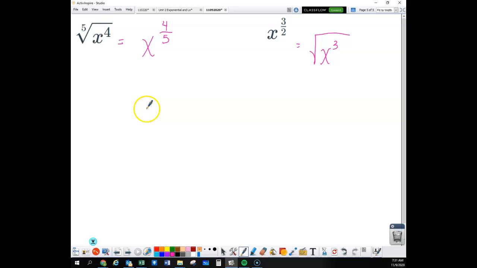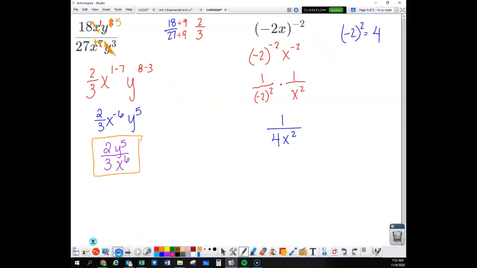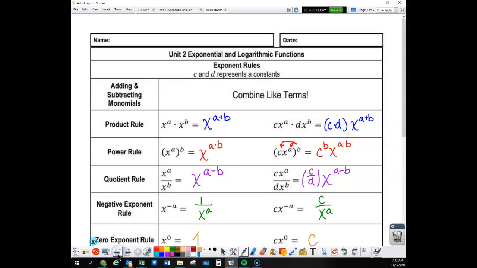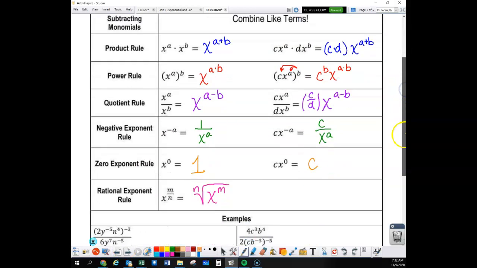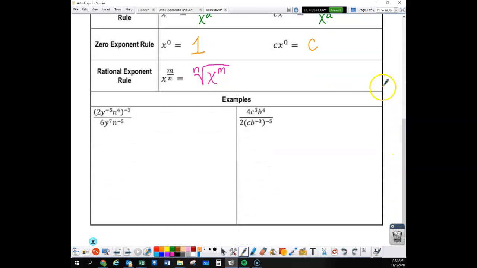So if you have the square root of x to the power of 5, that means x to the 5/2. No number there means it's just a denominator of 2. Okay, any questions? All right, so let's do those two examples on the bottom.